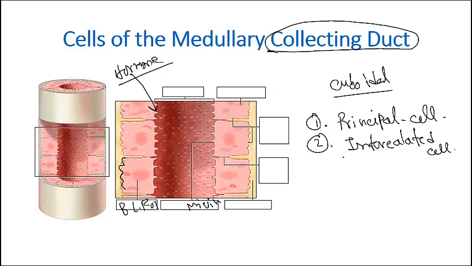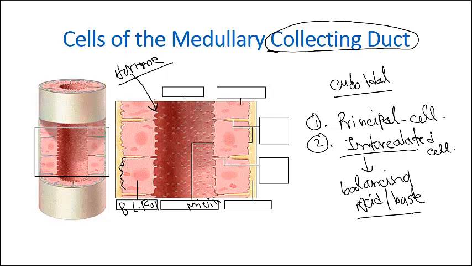That is the actual function of these intercalated cells. The number of intercalated cells is comparatively less than the principal cells. The key feature of these cells is the secretion of hydrogen ions and balancing the acid-base condition of our body.